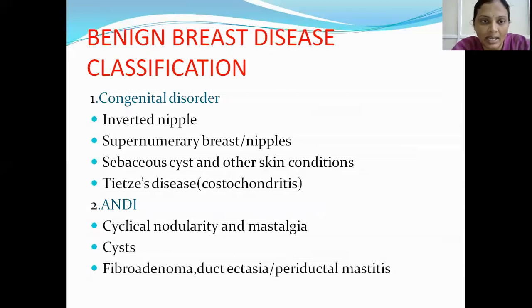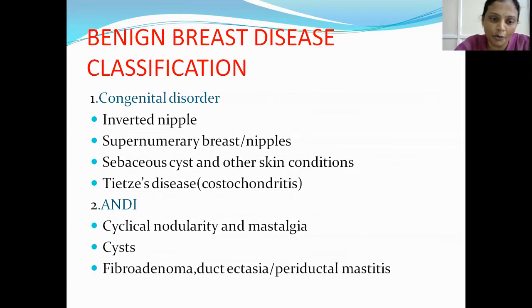So coming to the classification of benign breast diseases. Congenital disorders: inverted nipple, supernumerary breast or supernumerary nipples, sebaceous cyst and other skin conditions, Tietze disease, costochondritis of the breast.